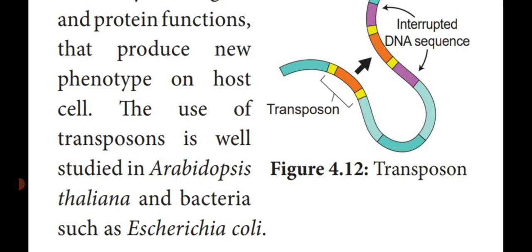That's why it is known as a jumping gene or walking gene, without any relationship between the host cell and the target cell. Then it is a genetic tool for gene and protein analysis. With the help of this analysis, they can produce a newly formed organism with a peculiar phenotype. So this was observed in Arabidopsis thaliana and Escherichia coli bacteria.